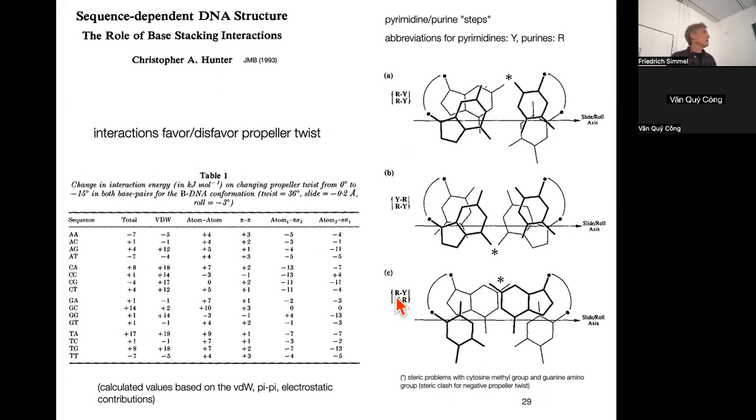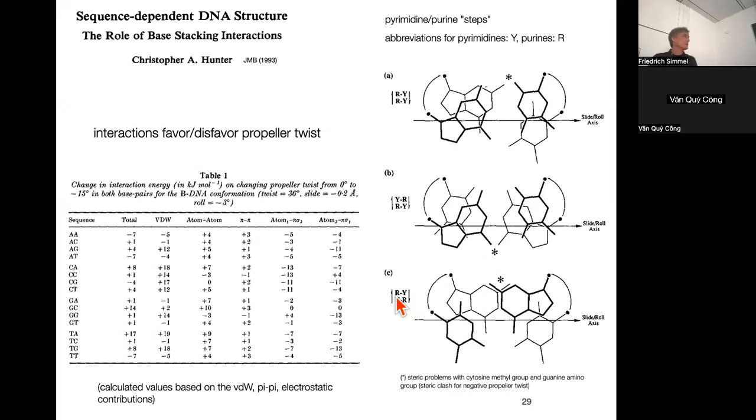The other thing is that, for example, when DNA is wound around histones in the chromosomes, it needs to be bent very sharply, and a common assumption is that this preferentially happens at certain base pair steps that are particularly prone to be bent, or where the bases can shift with respect to each other.